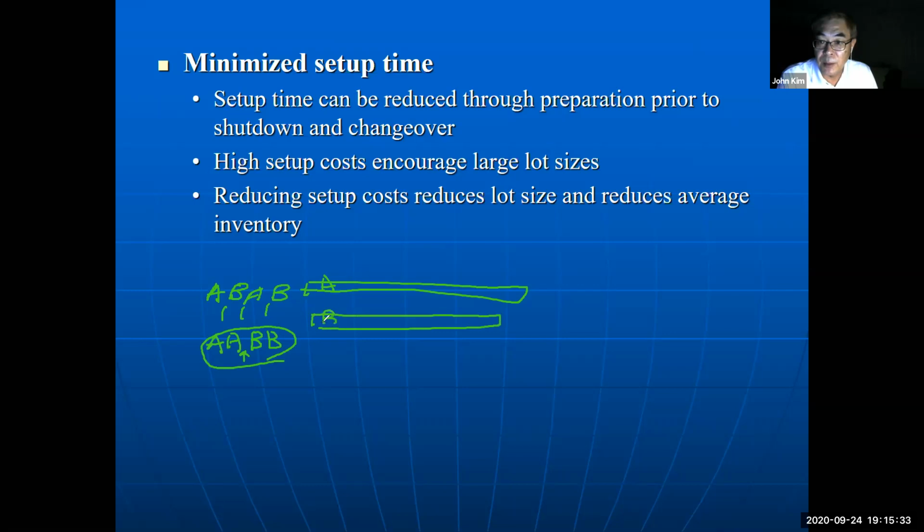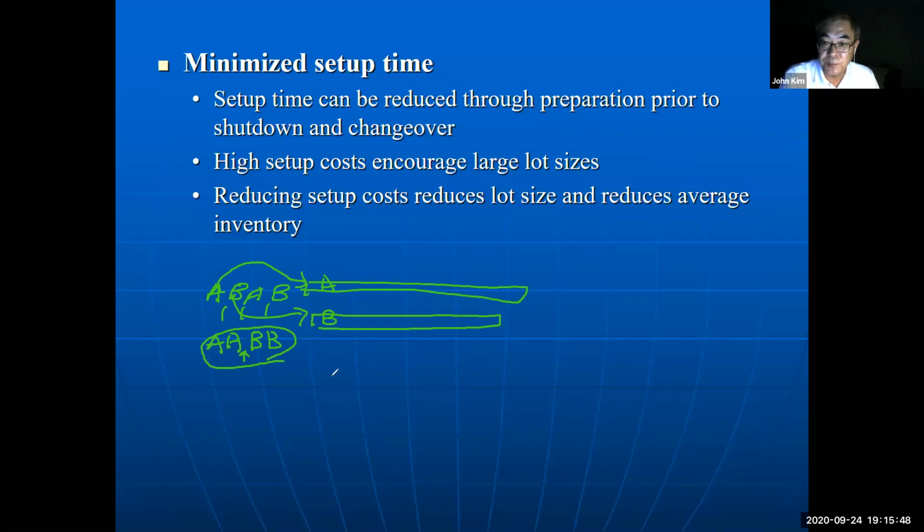A comes and we send it to A, B comes and we send it to B, and so on. So using a separate line, we can eliminate setup time.